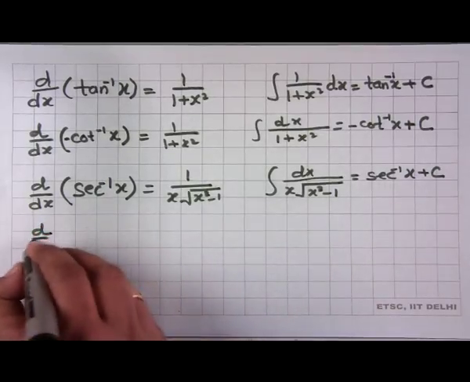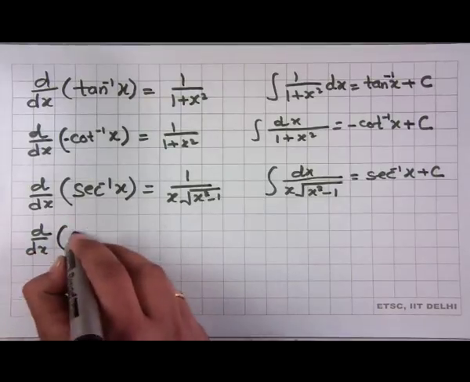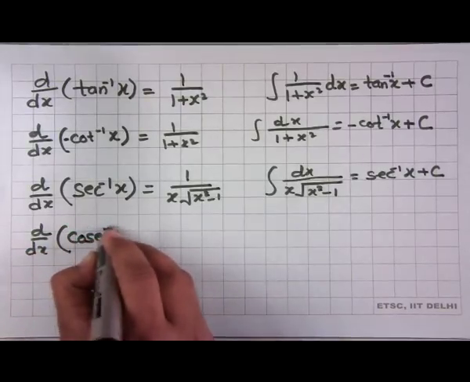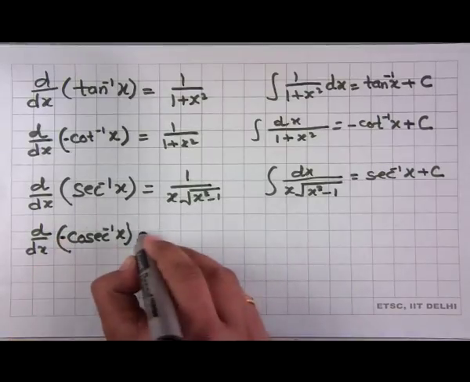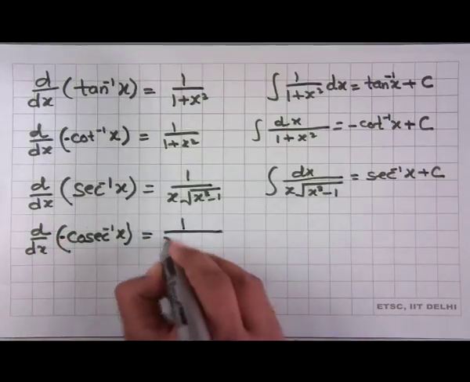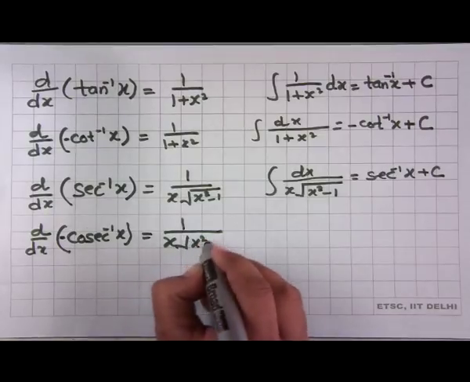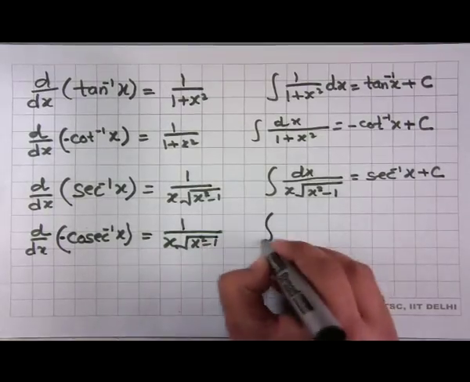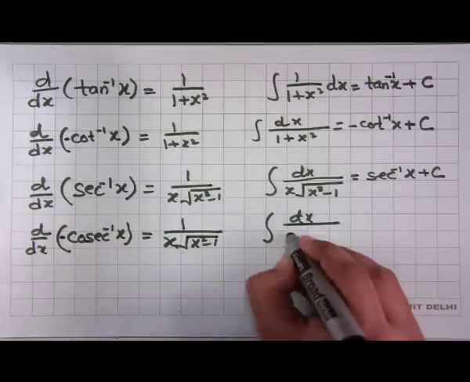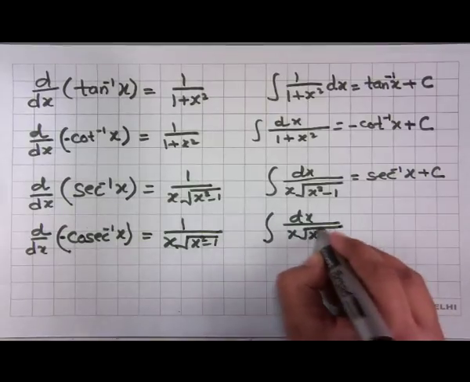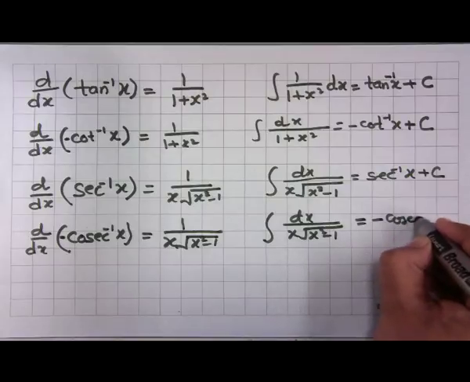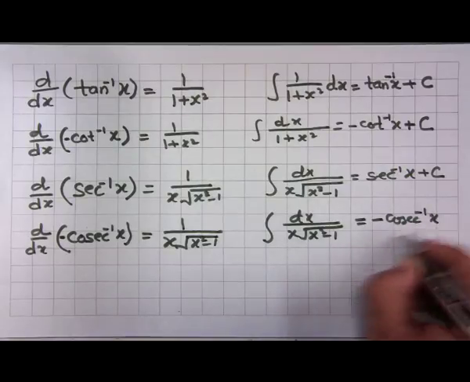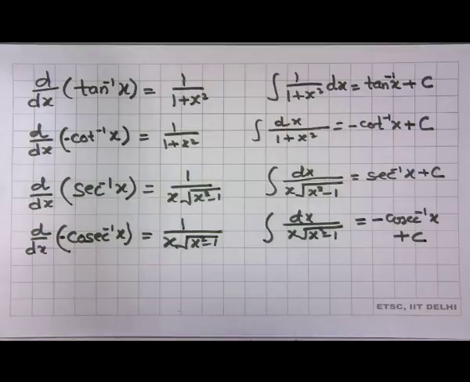Similarly, d by dx of cosec inverse x with a negative sign equals to 1 over x square root of x square minus 1. Therefore, integral dx over x square root of x square minus 1 can also be written as minus of cosec inverse x plus constant c.